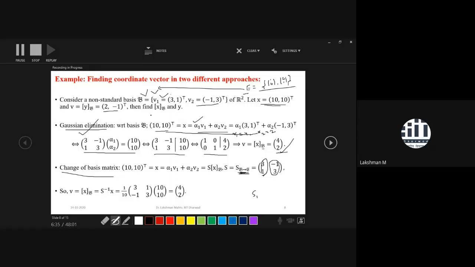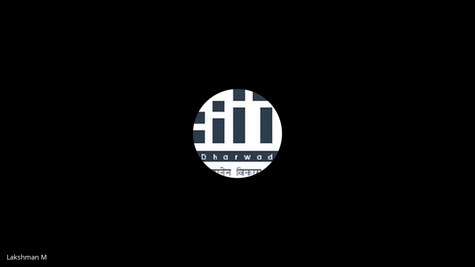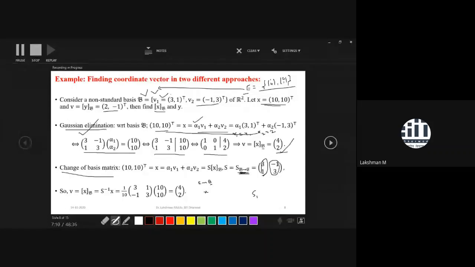So right now we are finding the coordinates of x with respect to B. To solve this problem, we are changing basis from E to B. Here the vector x is a given vector.